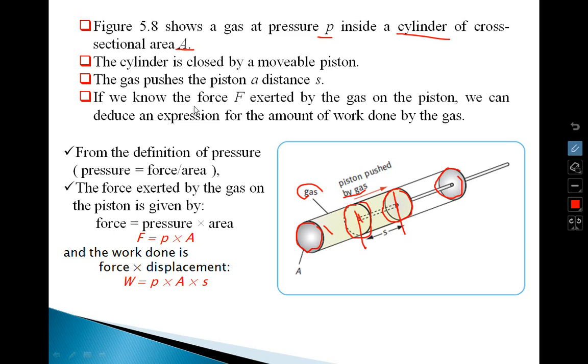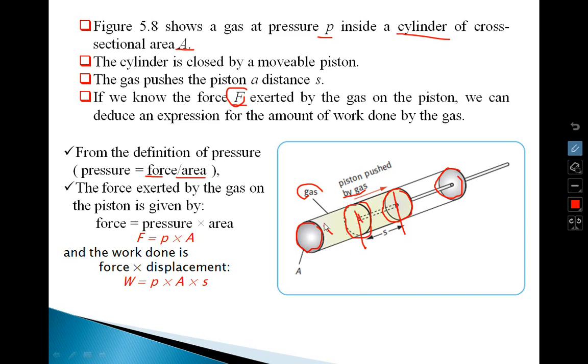If we know the force F exerted by the gas on the piston, we can deduce an expression for the amount of work done by the gas. How? From the definition of pressure: pressure is equal to force over area.